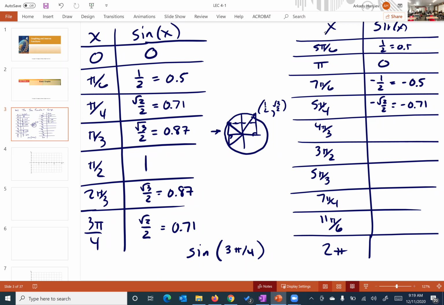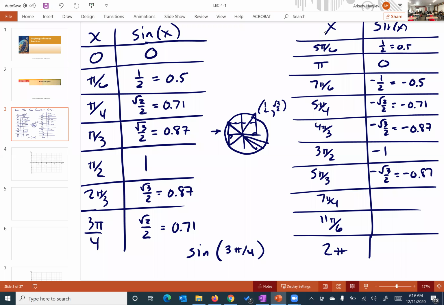Awesome. Okay, let's continue our little table here. So I think what's going to happen is this is a negative root 3 over 2, which is a negative 0.87. That's going to be a negative 1. And then it's going to go back up because now we're in quadrant 4, but it's still negative. So then it becomes this negative root 3 over 2 again.